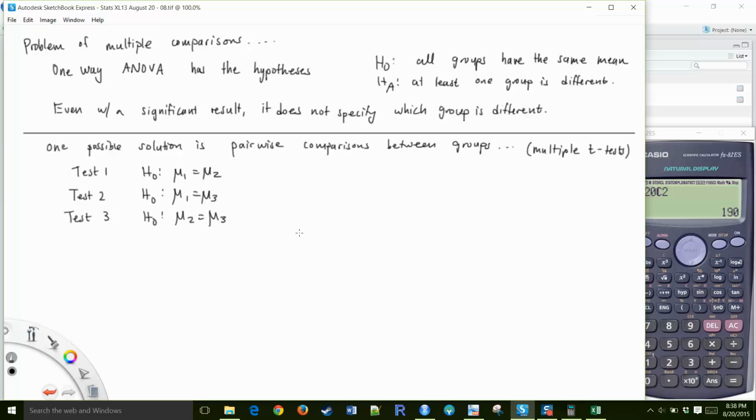Okay, there's actually a very good XKCD comic on significance. Here it is.